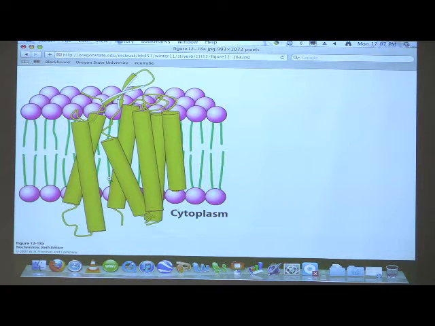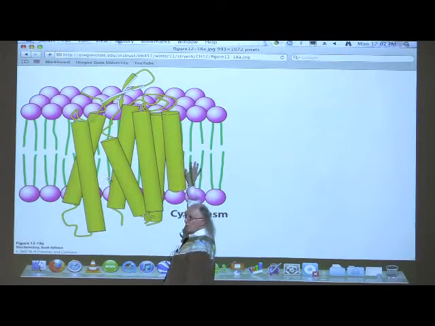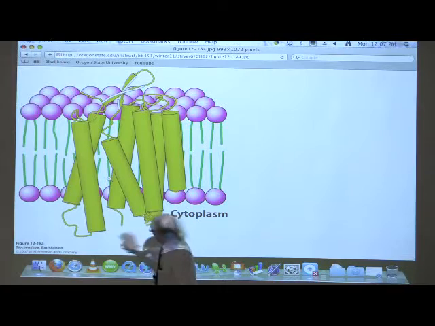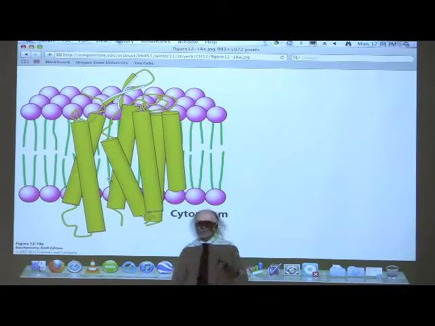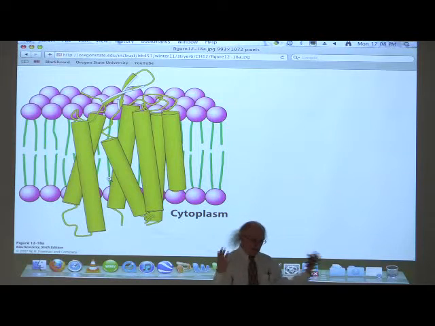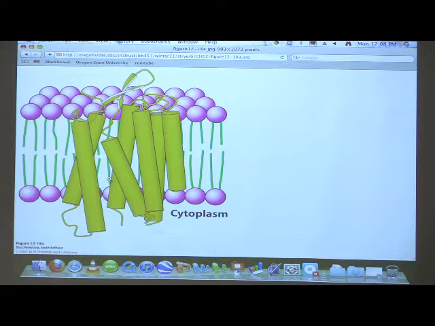But it has 7 transmembrane domains, and those domains, as we will see, can have amino acids that will want to associate with these nonpolar fatty acids on the inside. When we're out on the surface out here or up here, we will see more polar groups that will be interacting with water molecules. So we'll see the more hydrophobics on the inside, the more hydrophilics on the outside.